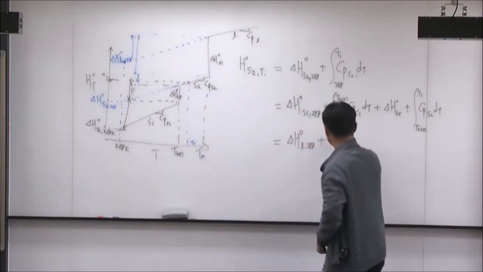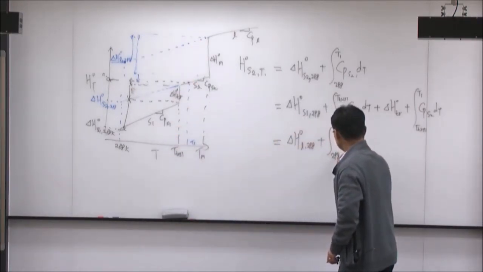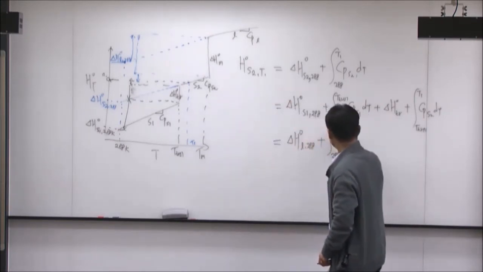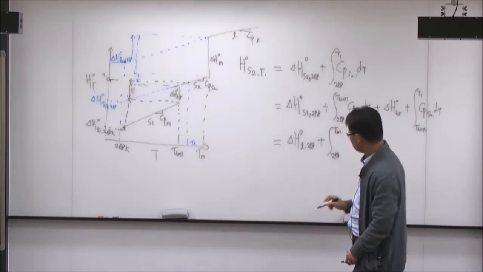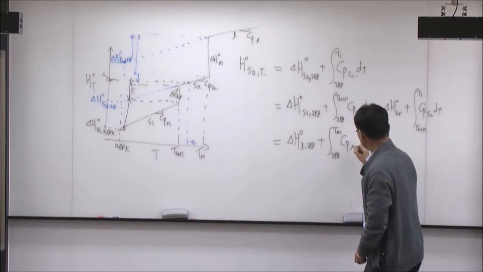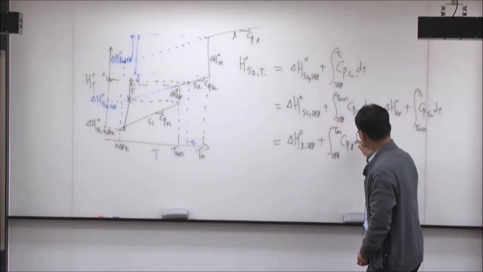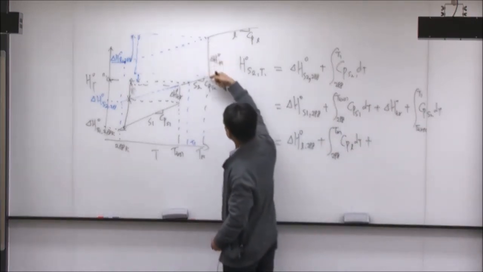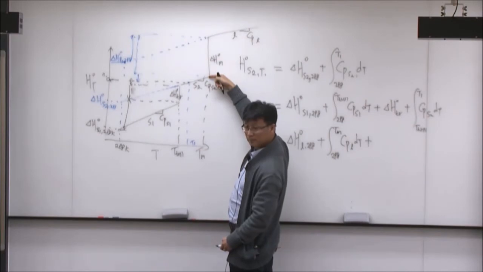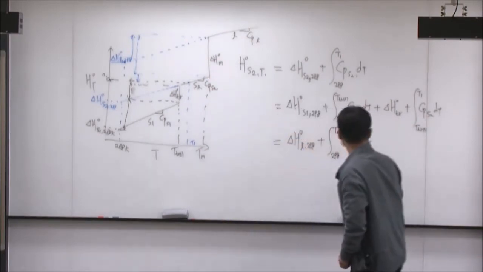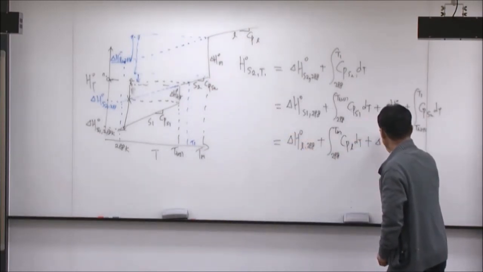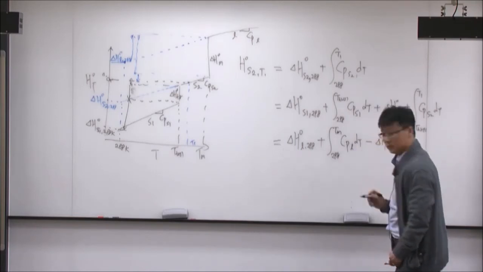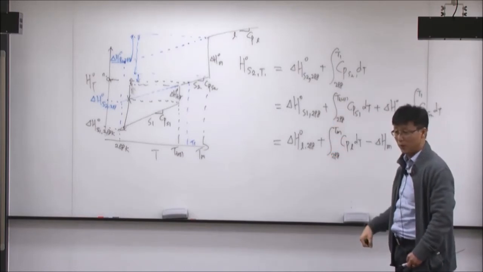So it means integral 298 Kelvin to this point, melting temperature Tm, of Cp, in this case liquid phase, dT, plus, now I'm cooling down this one to this one. Okay? Then this will be delta H of melting, but it should be minus here because I'm going backward.